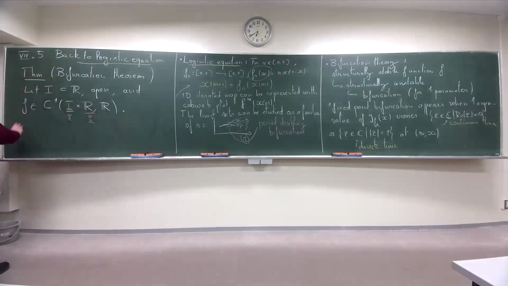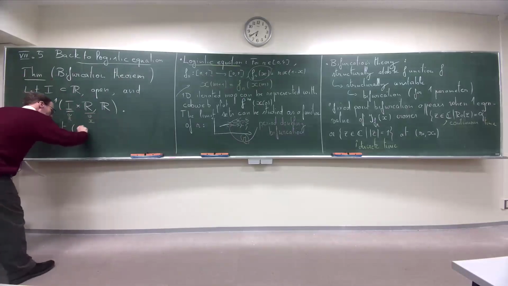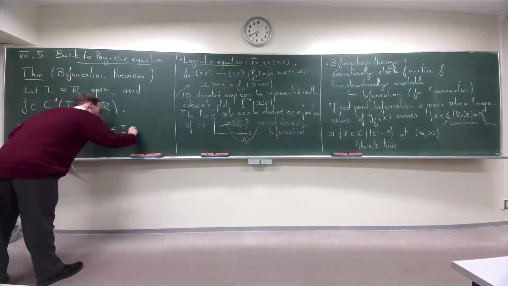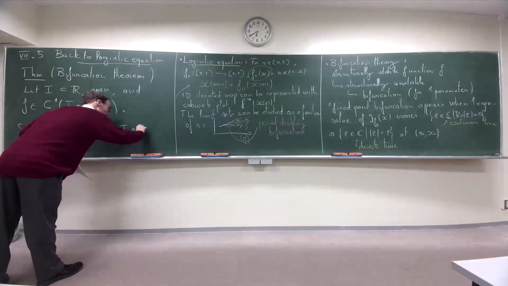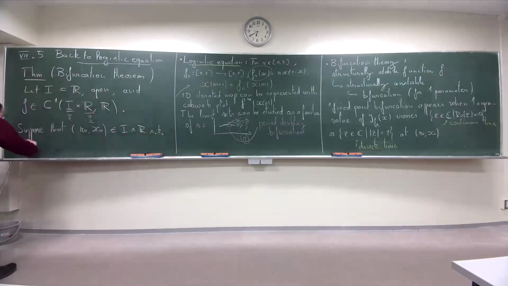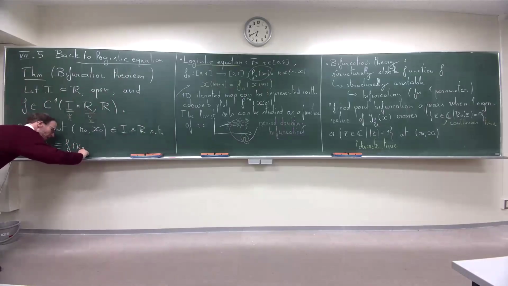And now I suppose something. Suppose that we have one point R0, X0 inside this interval times R, so that f at R0, X0, and please be aware that I can write it with two notations.